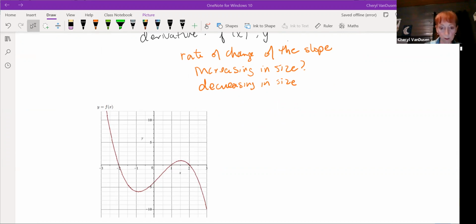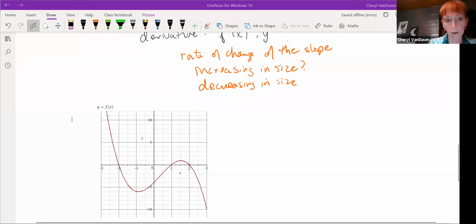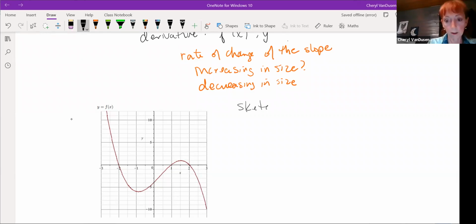The instructions were: sketch the graphs of the first and second derivatives.